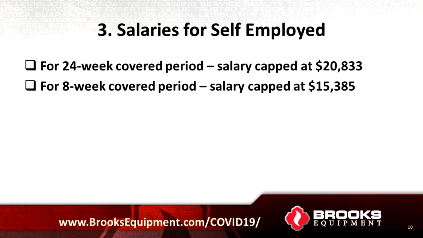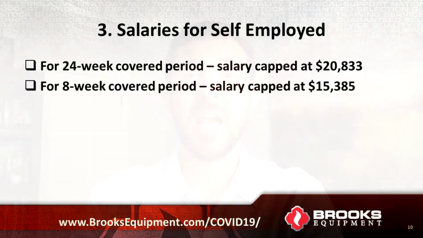If a 24-week covered period applies for any owner-employee or self-employed individual or general partner, the salary is capped at $20,833 per individual. And if the borrower has elected an 8-week covered period for any owner-employee or self-employed individual or general partner, the salary is capped at $15,385 per individual.